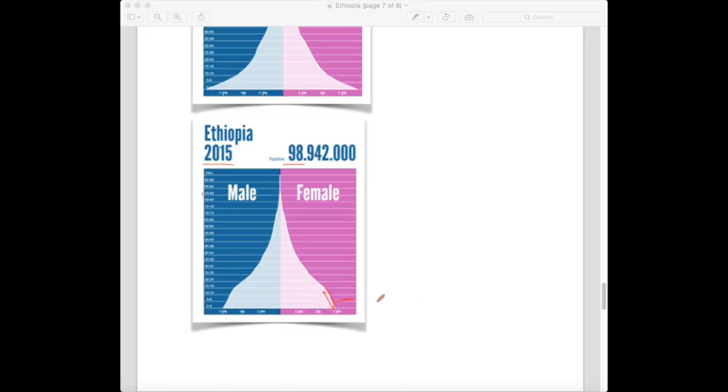So what could that mean? It means fewer children. People are possibly having smaller families, at least in Ethiopia, maybe not having as big families as before. But it's still a wide base. So these children are surviving, better medical care, and moving up.